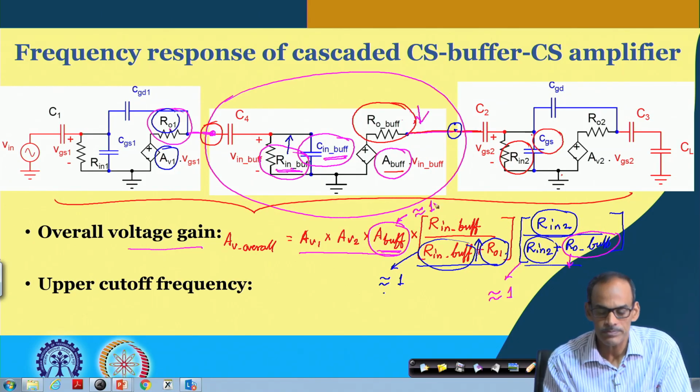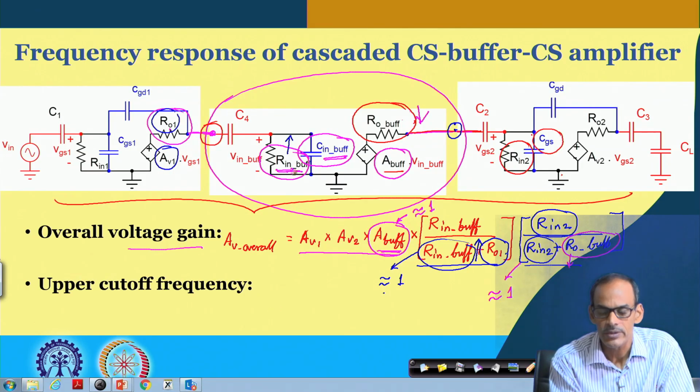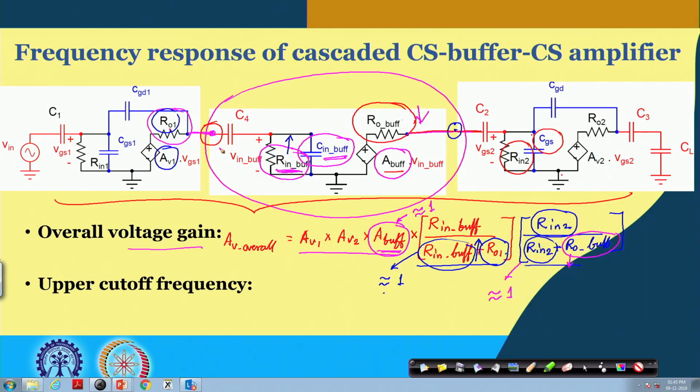And then from the cutoff frequency point of view, this resistance is very high. So, at this node, the pole that is a potential candidate to define the upper cutoff frequency is 1 by R O 1, and since this resistance is very high, I can ignore that part, and then C in of the buffer is the end.